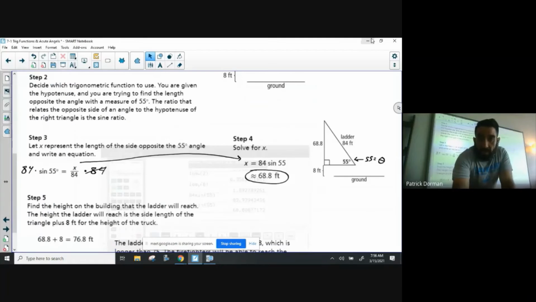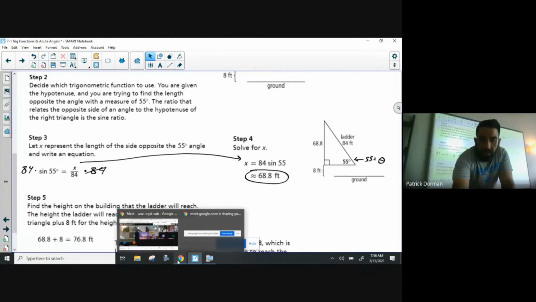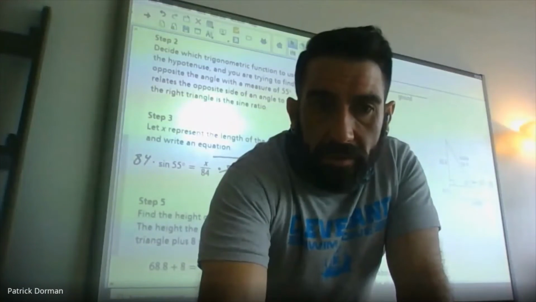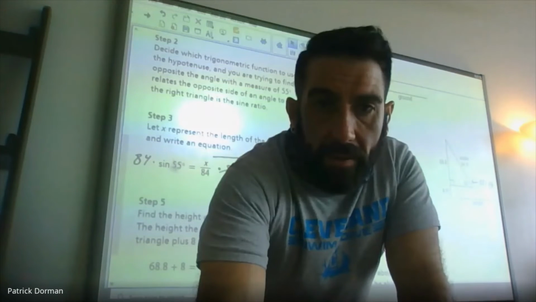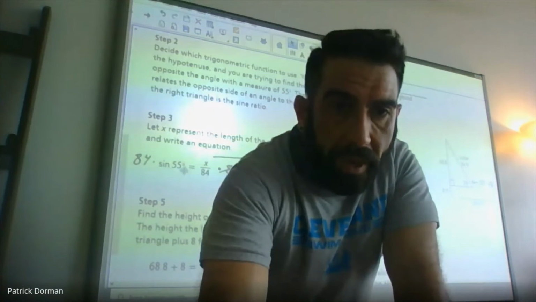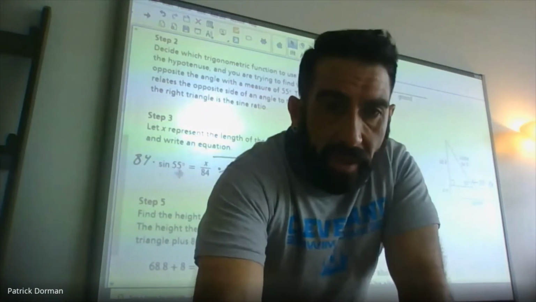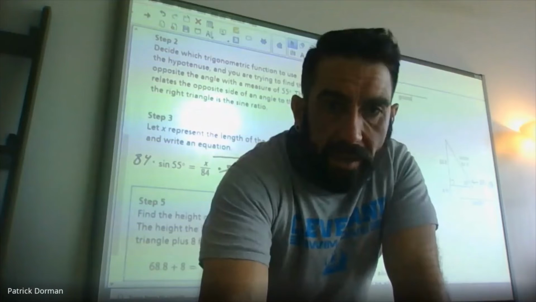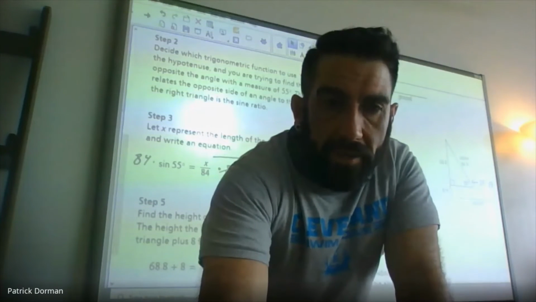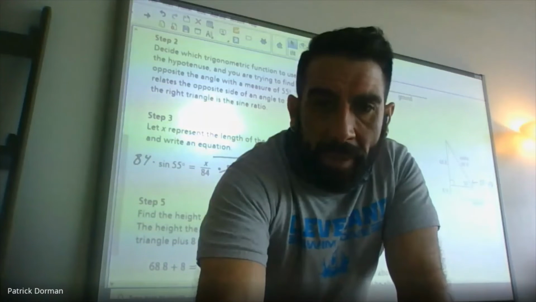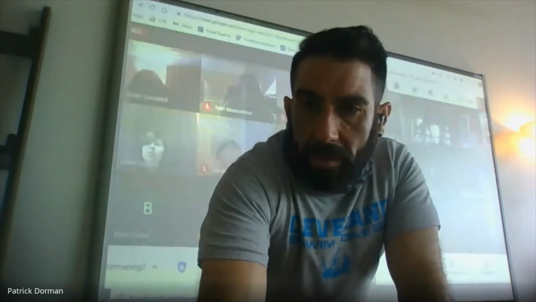So please do make sure that your calculator is set to degrees right now because we're measuring degrees. The way to know would be if I'm taking sine of an angle measure, 55 degrees, 65 degrees, something like that, then my calculator is going to need to be in degree mode, or else I will get the wrong answer.